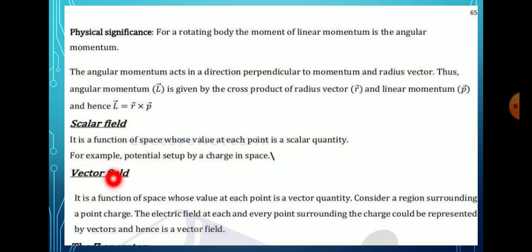And then next is the vector. A vector is a physical quantity which has magnitude and direction, and also obeys the parallelogram law of addition of vectors. For example, velocity, acceleration, field strength; these have both magnitude and direction, so this is known as a vector.